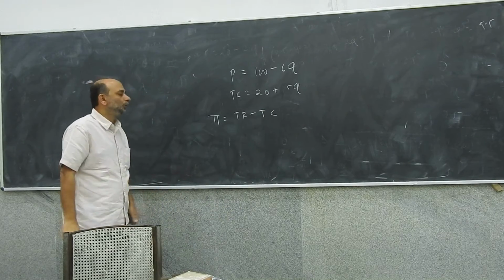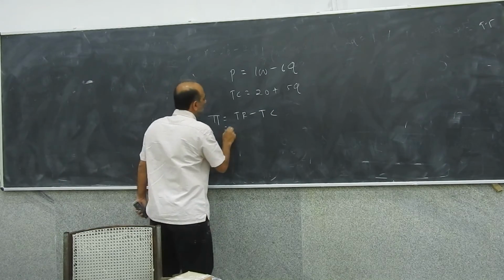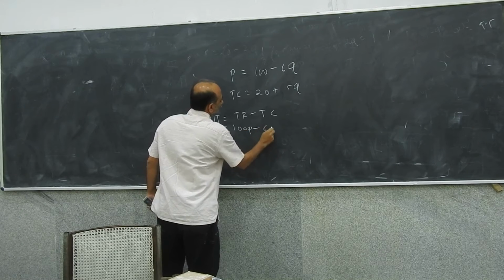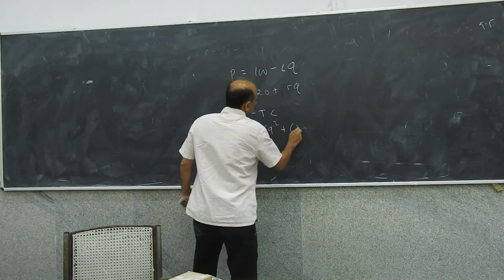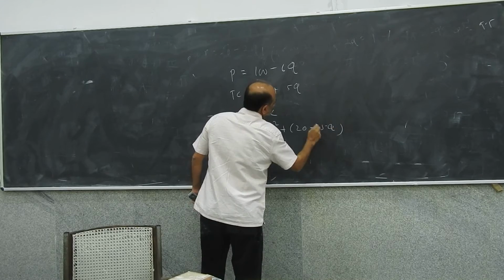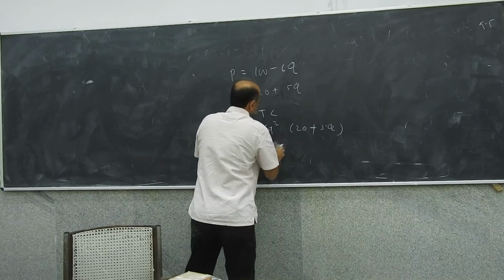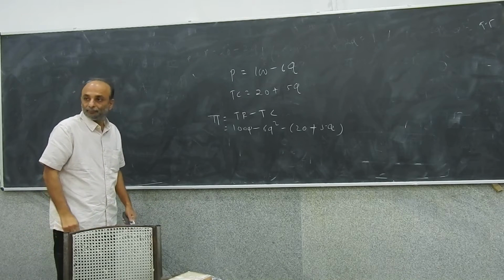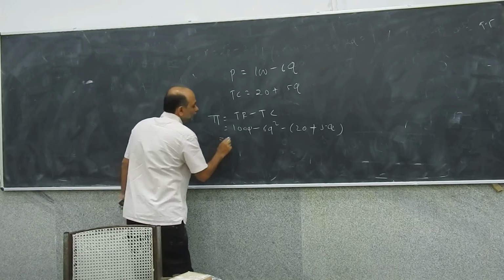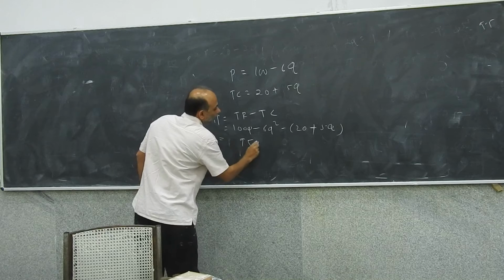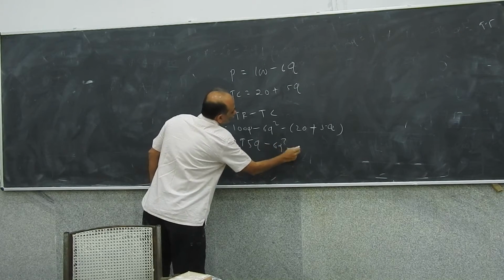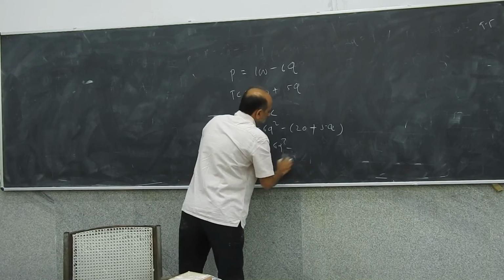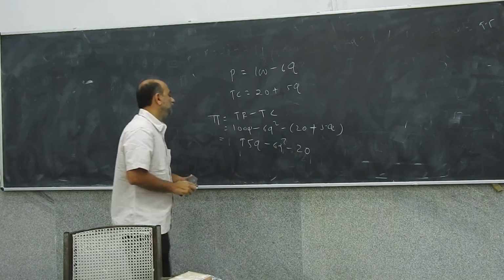Profit is total revenue minus total cost, which is 100Q minus 6Q squared minus 20 plus 5Q, which is 95Q minus 6Q squared minus 20.